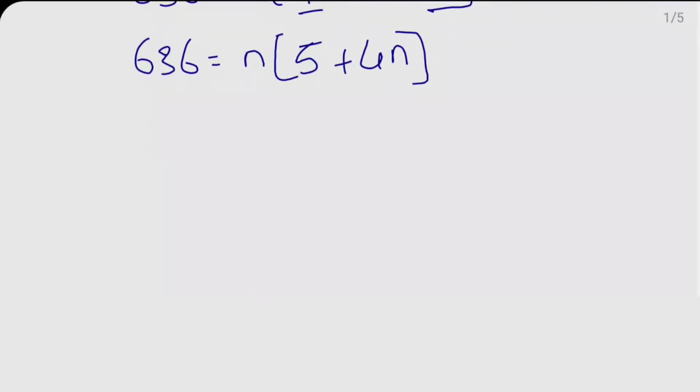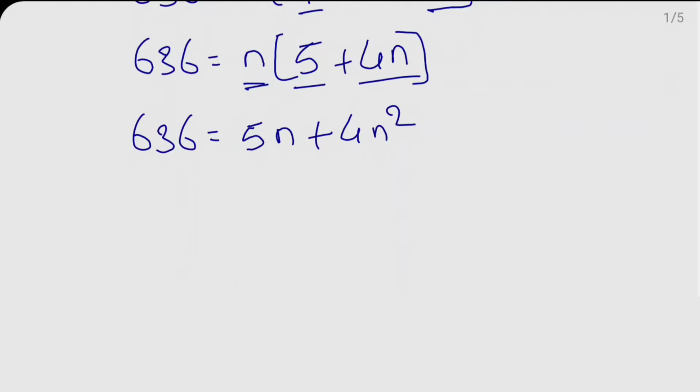So now 636 as it is, n into 5 is 5n, n into 4n is 4n square. Is it clear? So now this 636 goes to the RHS side, it becomes a minus.